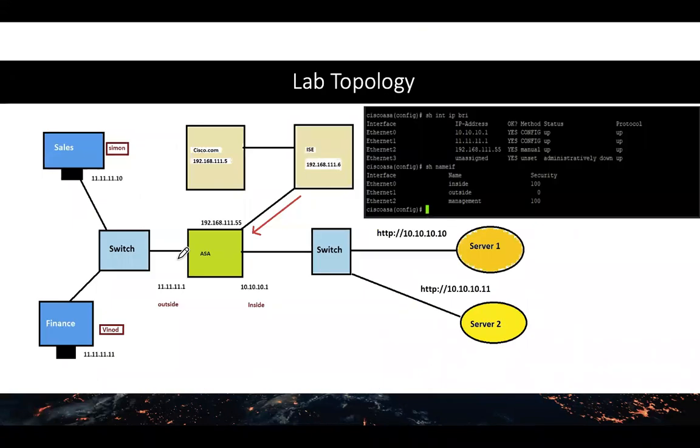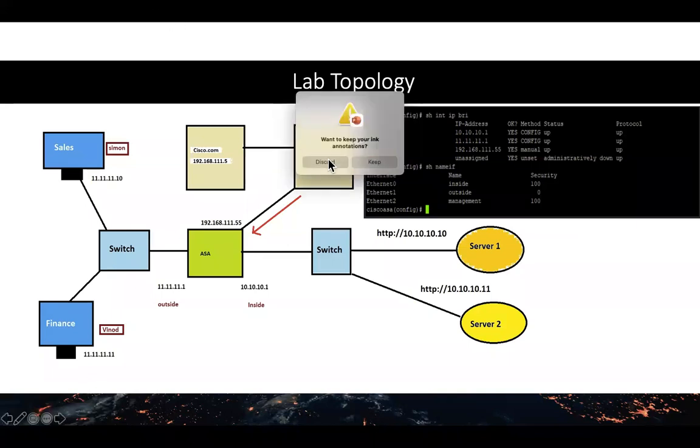So this is the topology which I will be using in today's session. There are two users, Simon and Vinod. Simon is part of user group sales, and Vinod is part of AD group finance. So if I show you my lab as well, okay.